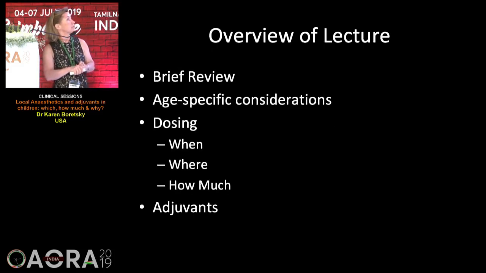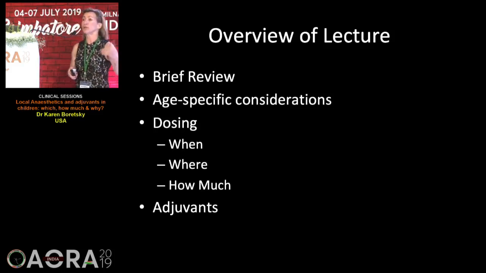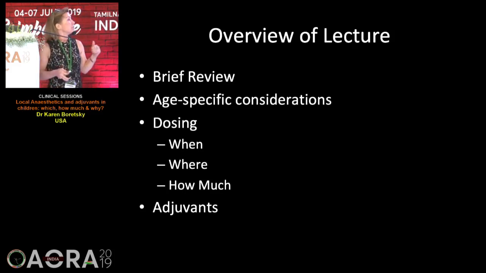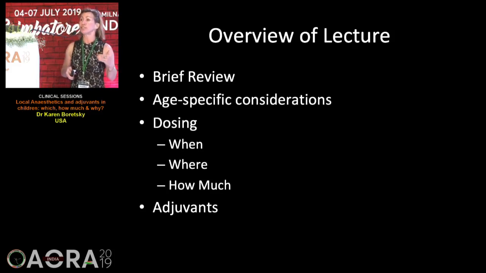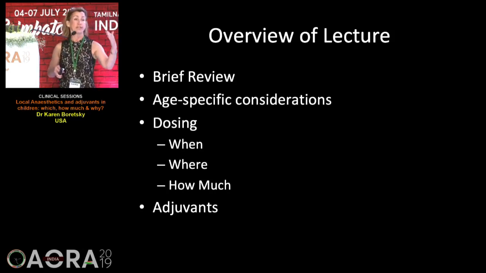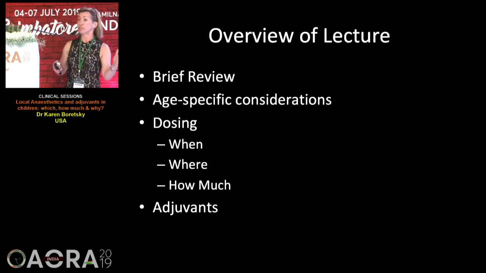So, an overview of what I'm going to talk about: a brief review of the different local anesthetics, without getting into the real details. We'll talk about age-specific considerations, which are way more important in pediatrics than in adults. In adults, they get to memorize just one dose that fits all.